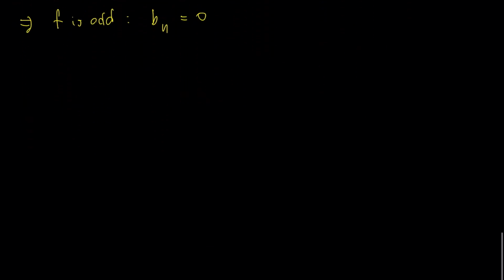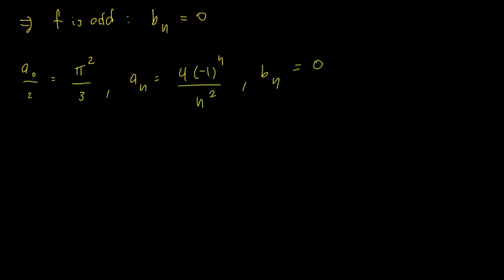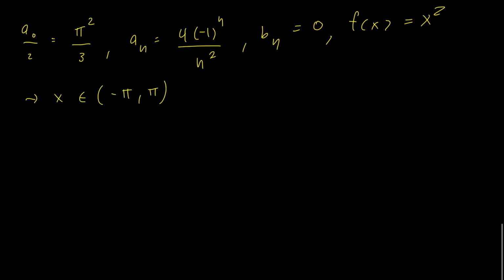So now from here we have all the Fourier coefficients. So we said that a naught over 2 equals pi squared over 3. We said that a_n equals 4 negative 1 to the n over n squared, and b_n equals 0, where our function is f of x equals x squared, where x is on the interval from minus pi to pi.